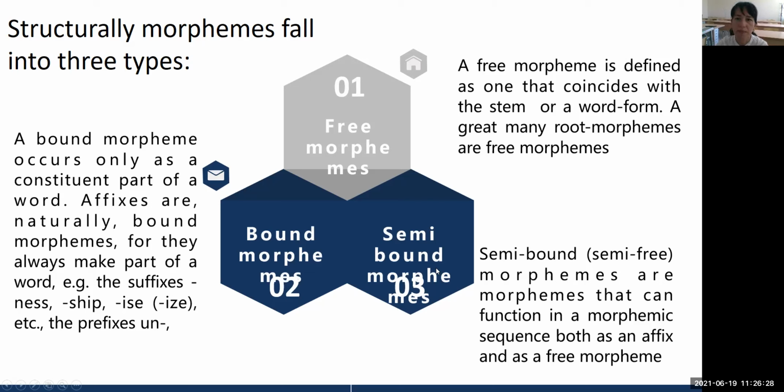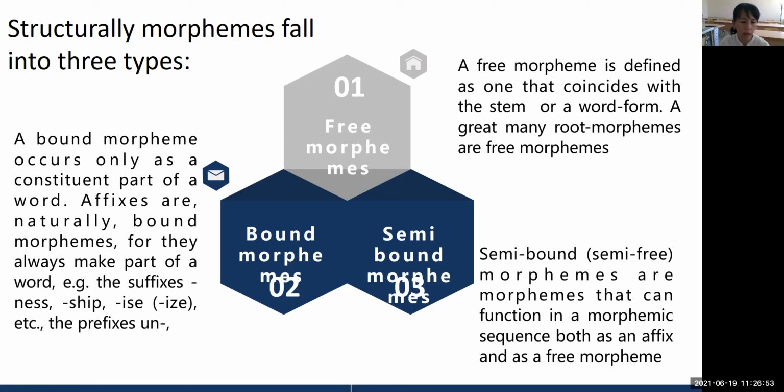A free morpheme is a morpheme that coincides with one stem or a word form. A great many root morphemes are free morphemes. So free morphemes have their own meaning, students.